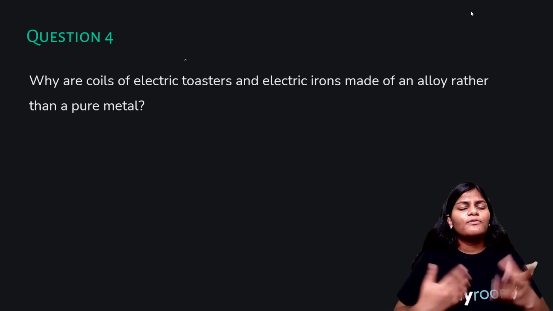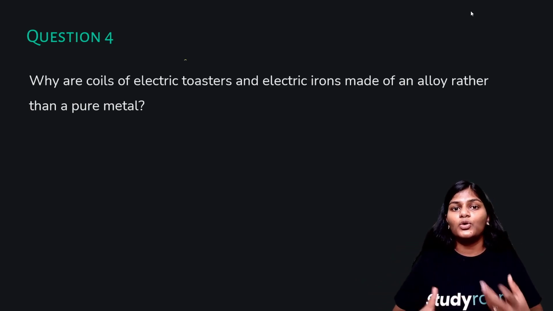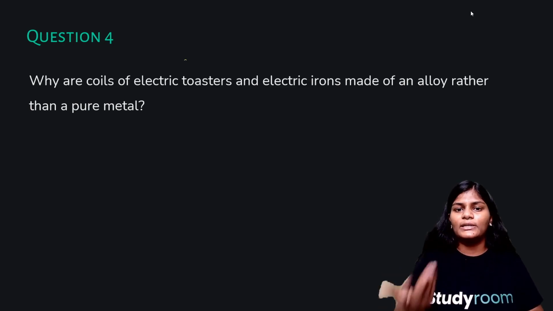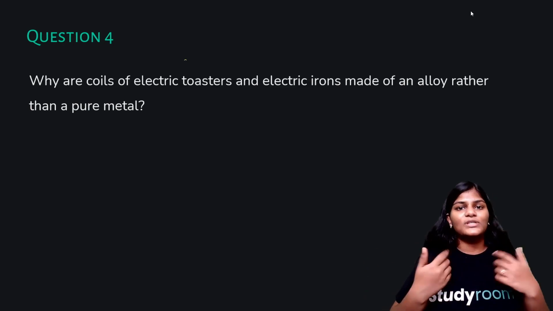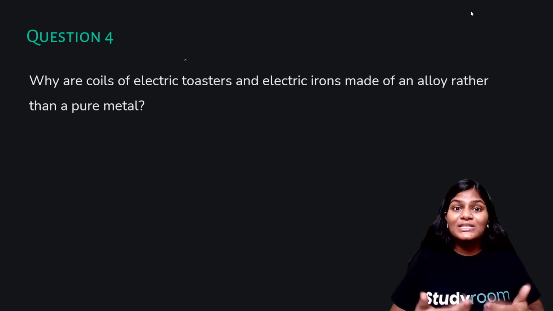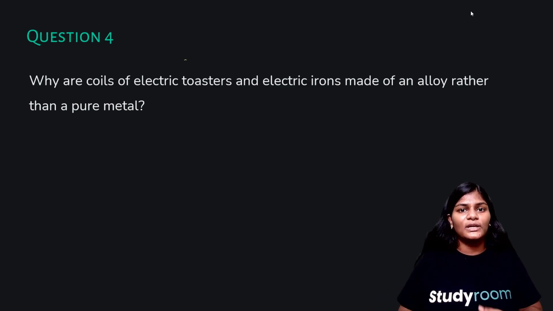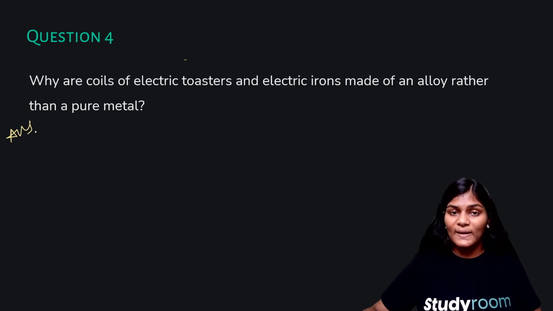So why would we not use materials like copper or any other low resistivity material for toasters and electric irons? Why would we use alloys which have more resistivity? Why would we want any material to resist current when you want to use it in an appliance? That is because it depends upon the work the appliance has to do.